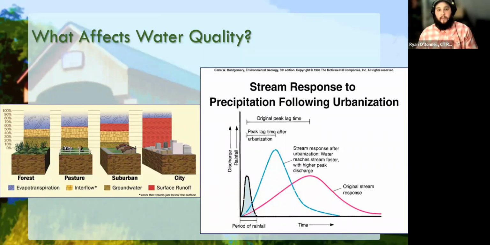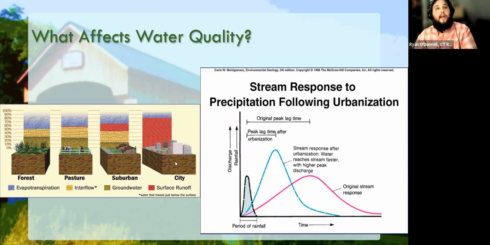So when we're thinking about water quality, we have to think about what affects water, like I said, things that happen on the land. When we think about land use, it's anything happening on the land that then gets wet and potentially gets picked up when it rains or when snow melts.